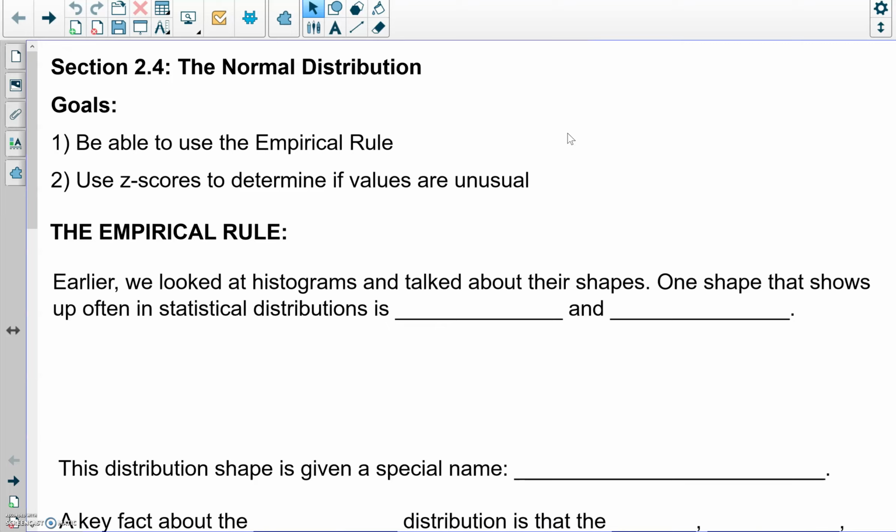So the empirical rule, looking at this first. Earlier we looked at histograms and talked about their shapes. And one shape that shows up often in statistical distributions is unimodal and symmetric.